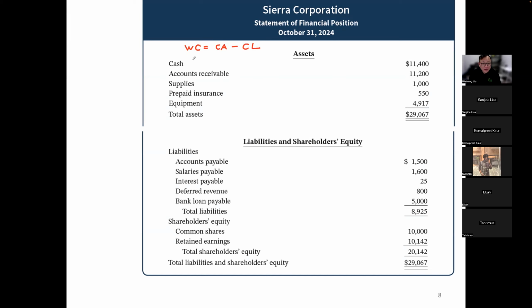We also know current ratio equals current asset divided by current liability, right? Both of these are called liquidity ratios. To calculate them, we need to know what is my current asset and what is my current liability.